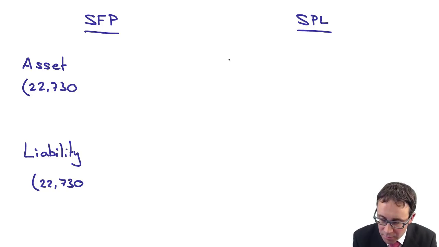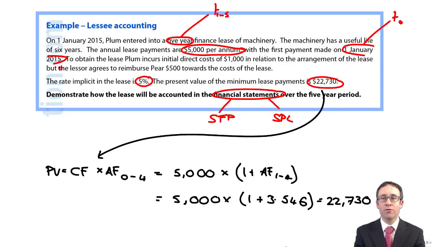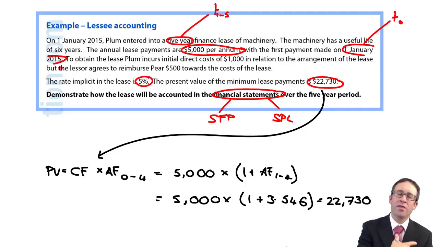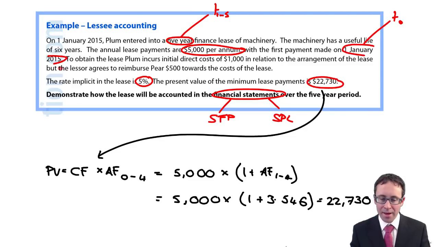Well, from the asset's perspective, we need to charge depreciation. From the liability's perspective, we need to charge interest, don't we? Okay. But just be careful, we haven't finished with the value of the asset. We need to go through there, don't we, and look to see whether there are any direct costs, any incentives that have been paid.